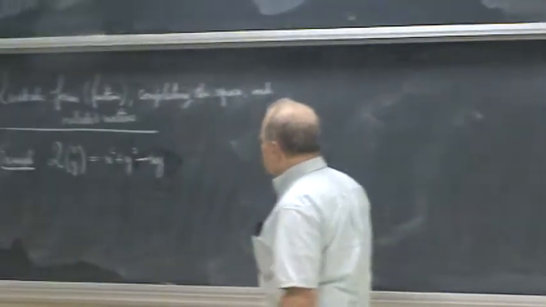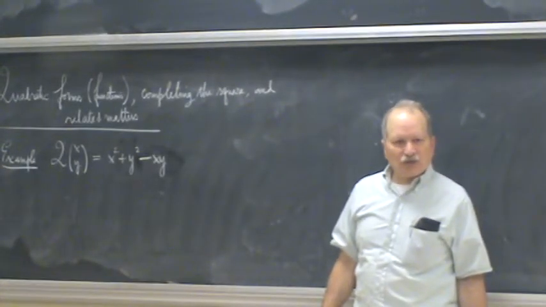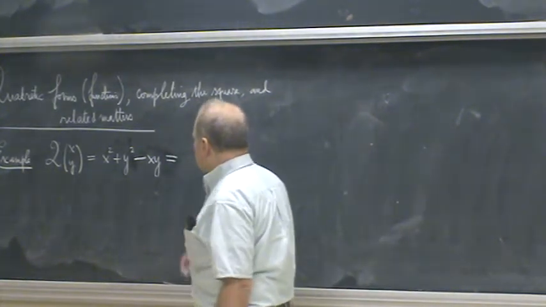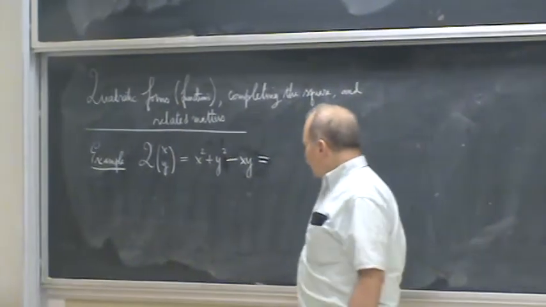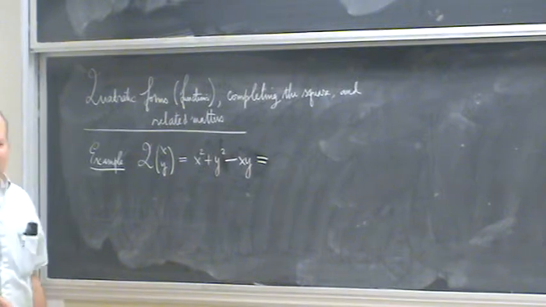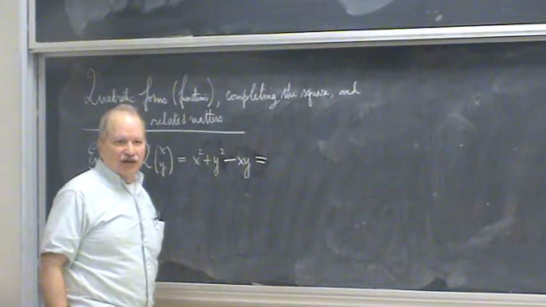So, you're supposed to have some inkling from high school algebra that you could try to complete the square. Now you haven't completed the square with so many letters in it, but if y were a number, you would know how to complete the square.